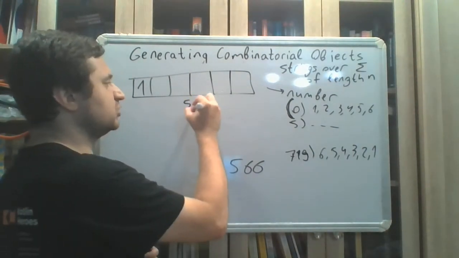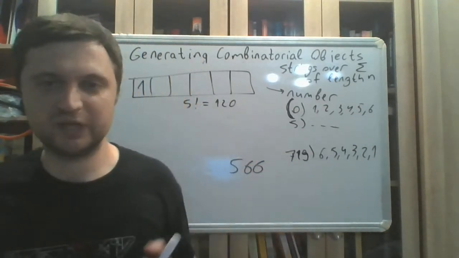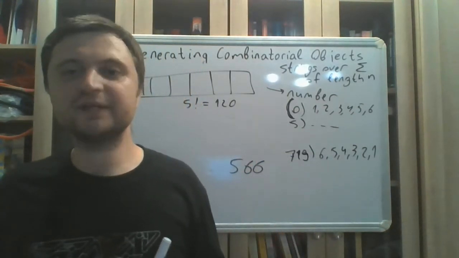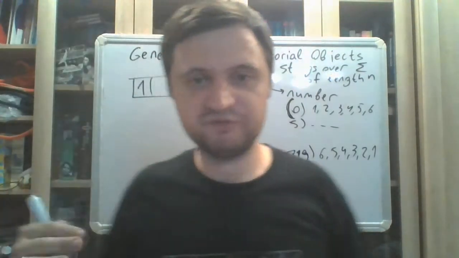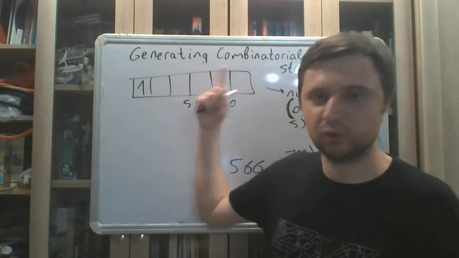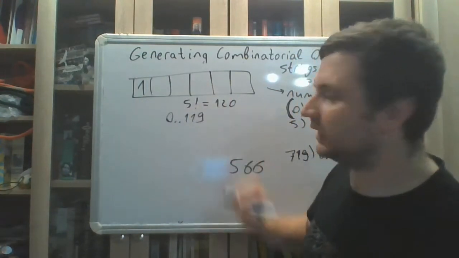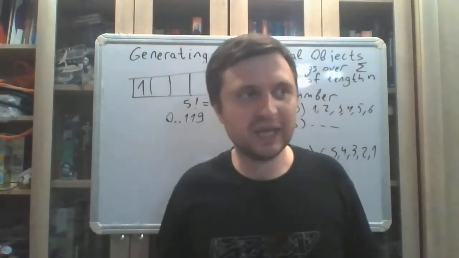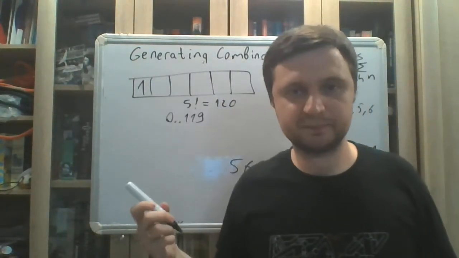So there are 5 factorial, or 120, possibilities for the continuation. This is the lexicographically first block of permutations. So what are the numbers of these blocks? Well, 0 to 119. Okay, does our number fit into this range?